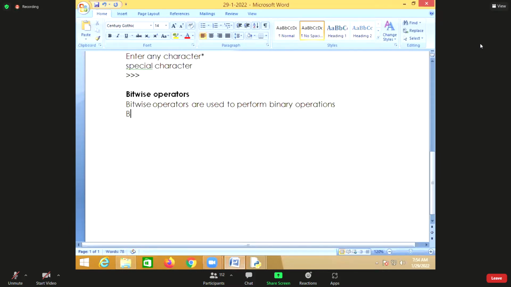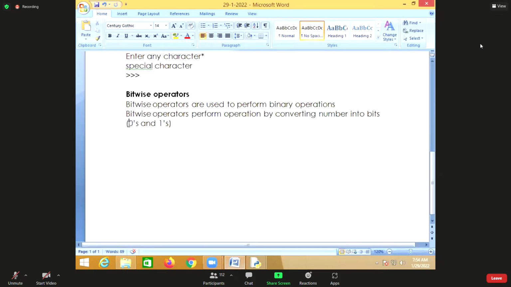And generally bitwise operators perform operations by converting numbers into bits. That is nothing but zeros and ones. Bitwise operators perform operation by converting number into what here?